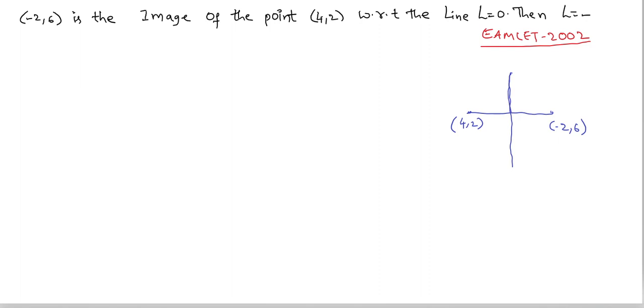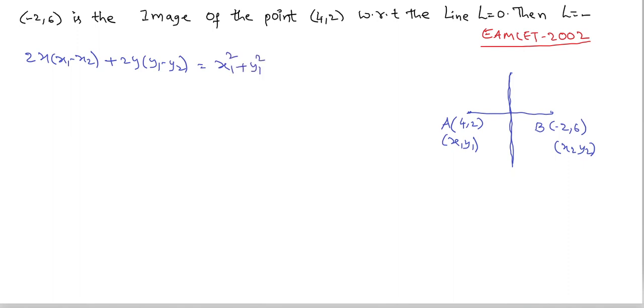Observe that the line is the perpendicular bisector of the segment joining the points capital A, 4 comma 2, and capital B, minus 2 comma 6. Capital A is x1 y1, capital B is x2 y2. The equation of the perpendicular bisector is 2x into (x1 minus x2) plus 2y into (y1 minus y2) equal to x1 square plus y1 square minus x2 square minus y2 square.